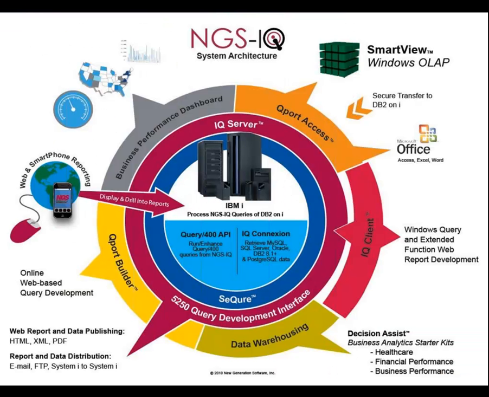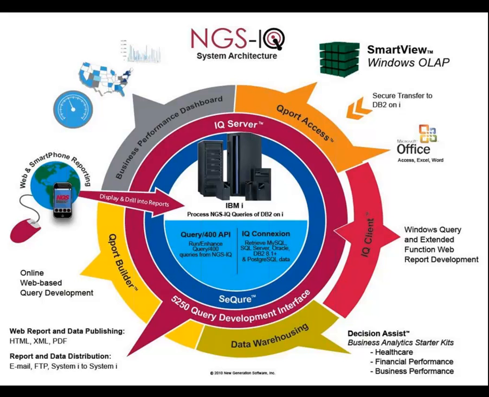We'll step through briefly the different parts of the NGS-IQ solution now, and then in the third video you'll see a few of them. This diagram is a high-level overview of the different modules of NGS-IQ and how they relate to each other. Again, our core is always an IBM i environment running on an IBM Power server.